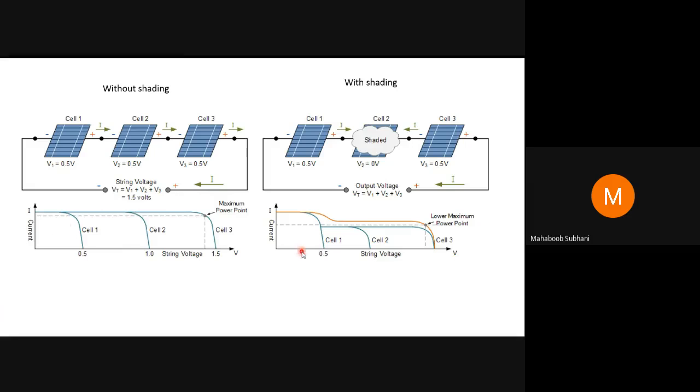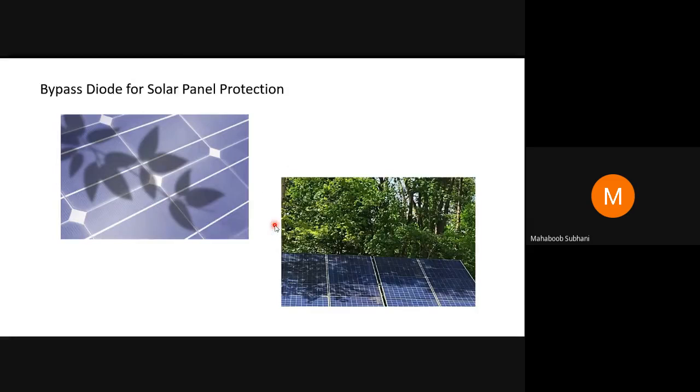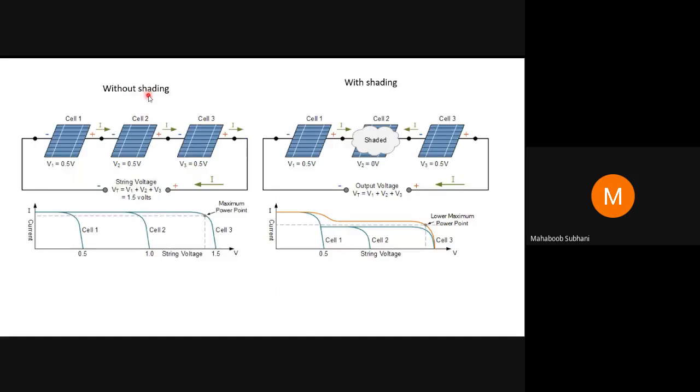Okay, so we'll have a quick overview of what we have seen today. We have seen how the losses occur when a solar car gets into a shadow, and we have seen the comparison of power output of the series connection without shading and the same connection with shading.